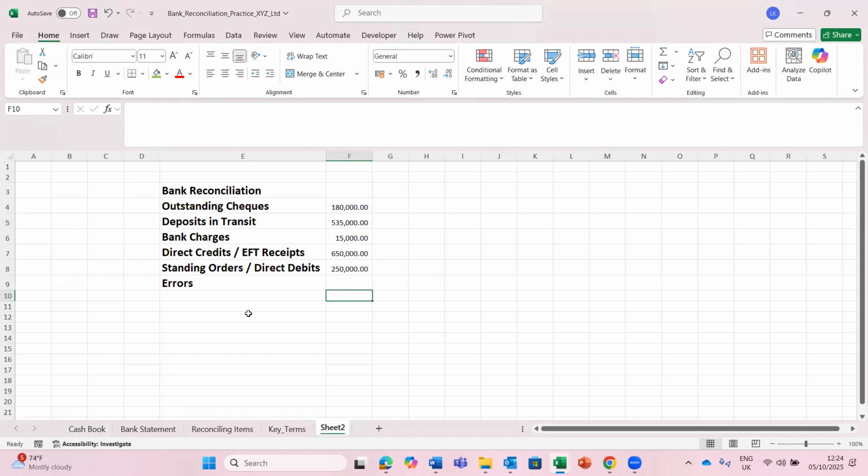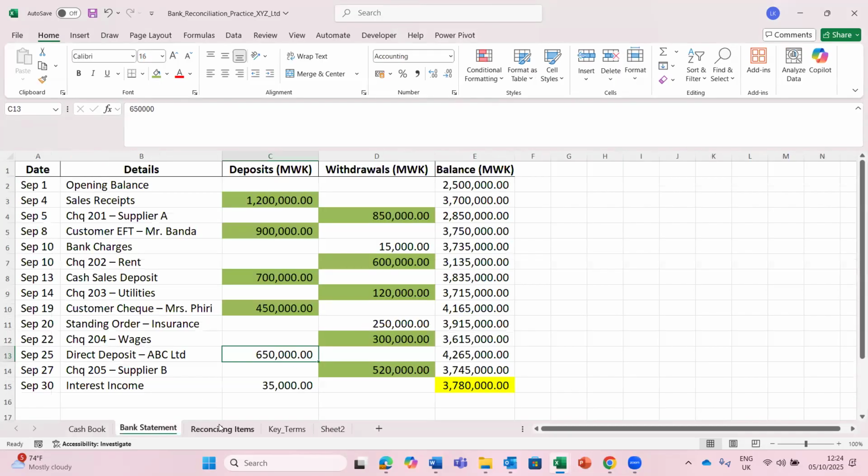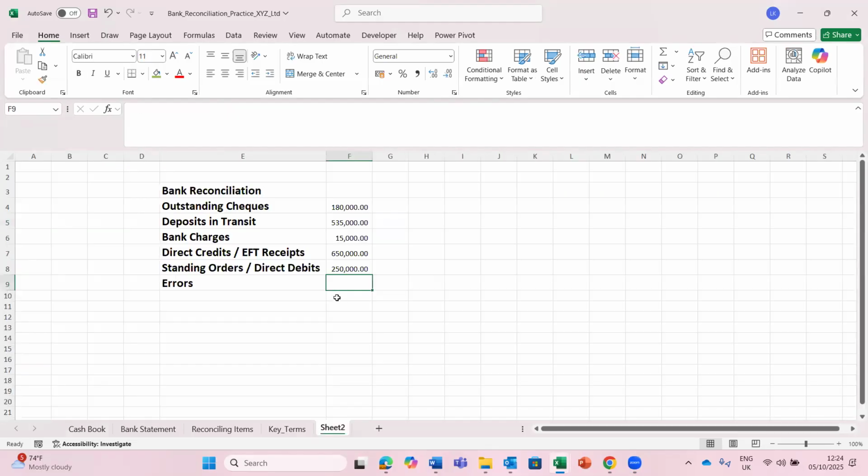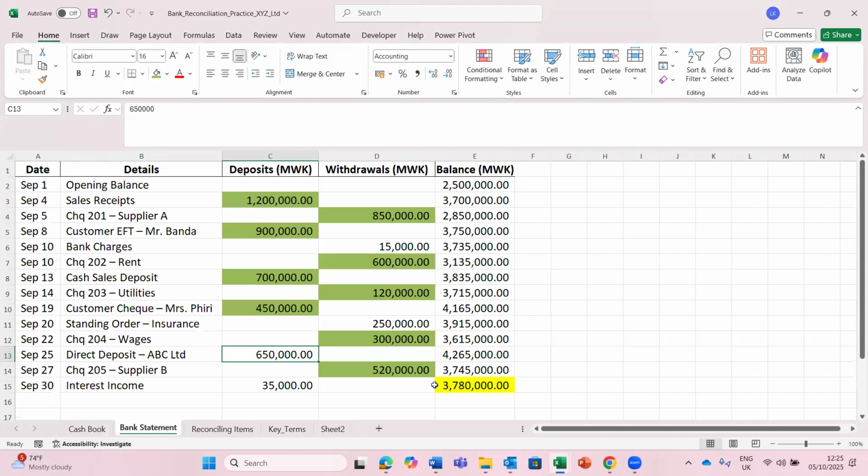So there are no errors. Obviously, there are no errors. Otherwise, we could have been taught of errors, which we could have clearly seen, or the question could have shown us that there are errors, right? So how do we now make sure these two balances agree, this bank statement and this cash book?